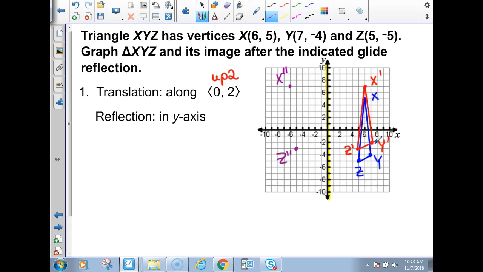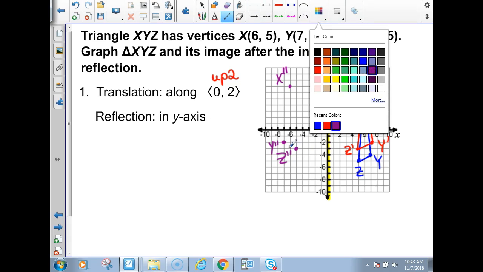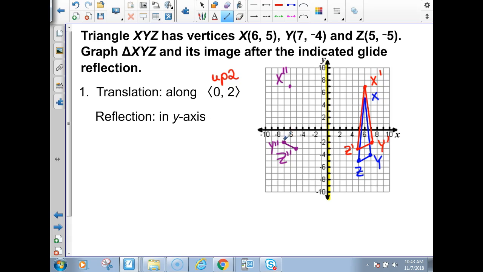Y prime is 7 to the right, go 7 to the left. And connect the dots. Make a triangle. And it should be flipped, and it is. It's flipped in a different direction, but it's reflected, a mirror image over the y-axis.